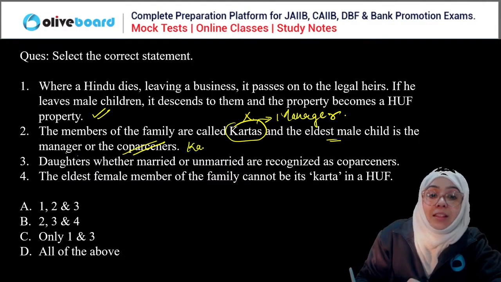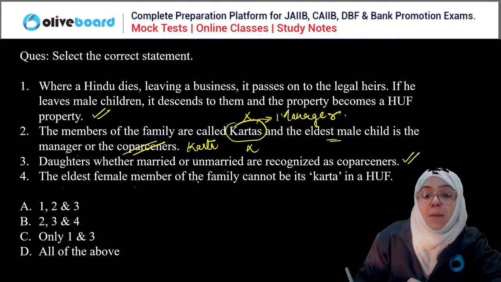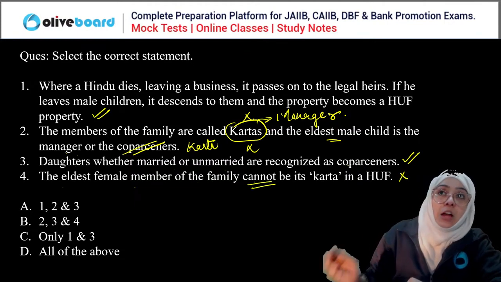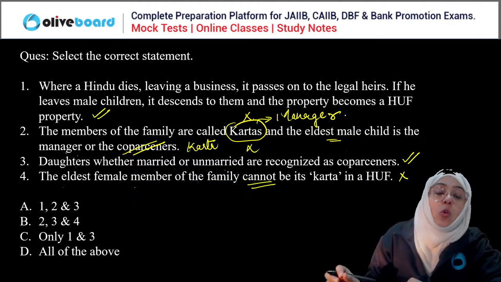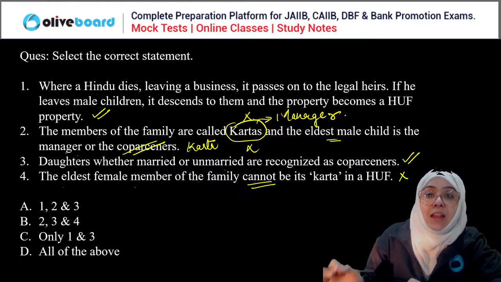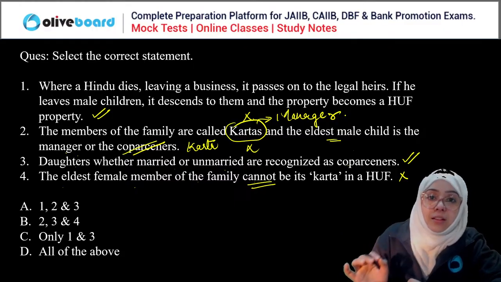It is known as the karta, and that's why second is wrong. Daughter, whether married or unmarried, are recognized as co-parcener. Yes, it is correct. The eldest female member of the family cannot be its karta first, because see, 2005 Delhi High Court ruling says that yes, the eldest female child of the family can also be its karta.